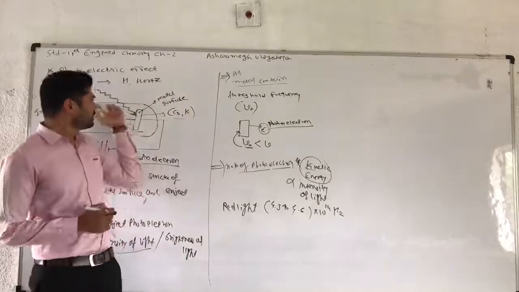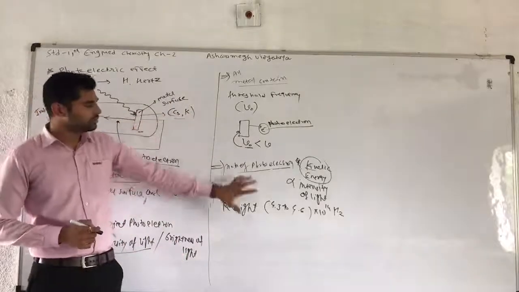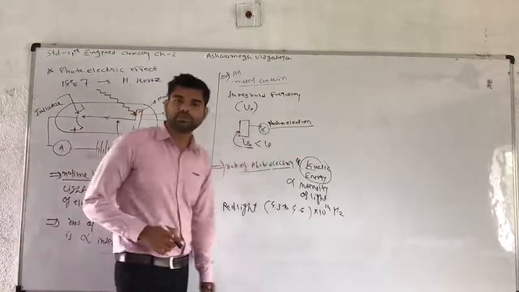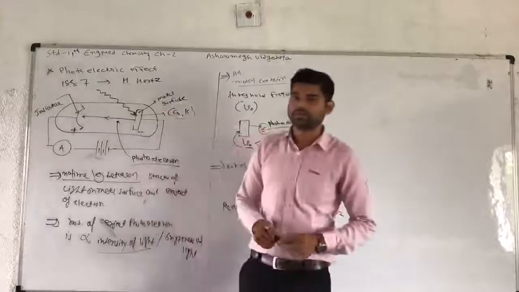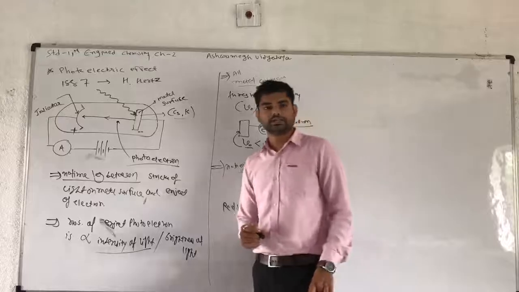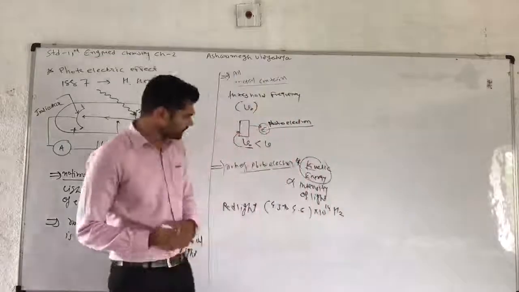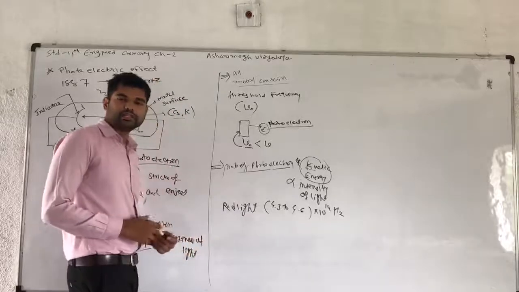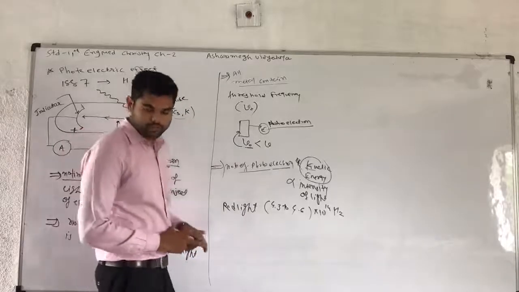So the frequency of light is less than the threshold frequency needed to release photoelectrons. It means we cannot observe the photoelectric effect on a potassium metal surface when red light is incident on a piece of potassium.